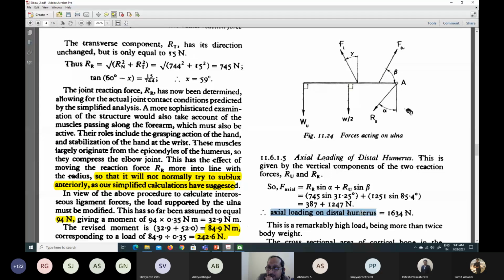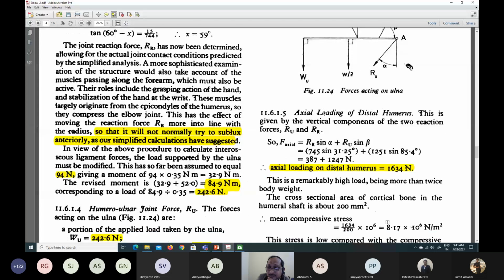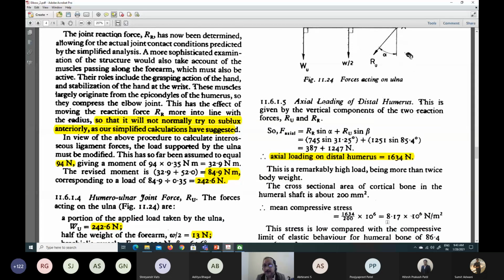So the axial load on the distal humerus comes out to be 1634. Now this axial load on the distal humerus is quite high, being more than twice the body weight. Okay. See, this is very, very high.